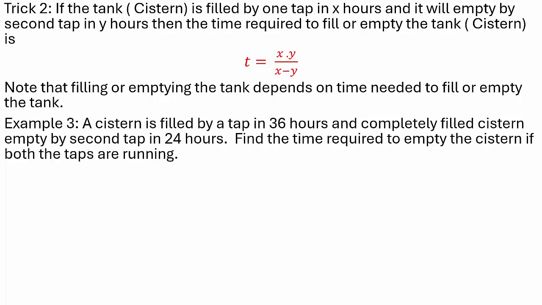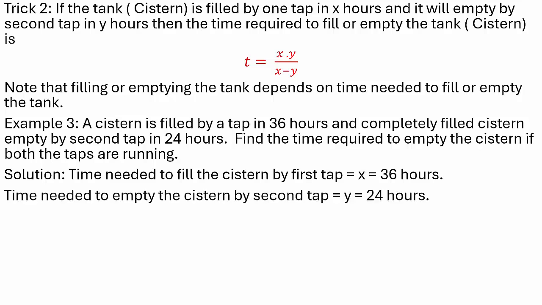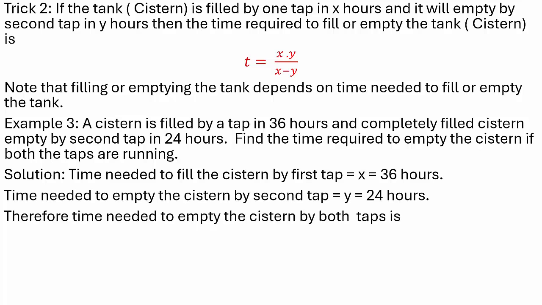A cistern is filled by a tap in 36 hours and the completely filled cistern is emptied by second tap in 24 hours. Find the time required to empty the cistern if both the taps are running. Time needed to fill the cistern by first tap, X, is 36 hours. Time needed to empty the cistern by second tap, Y, is 24 hours.